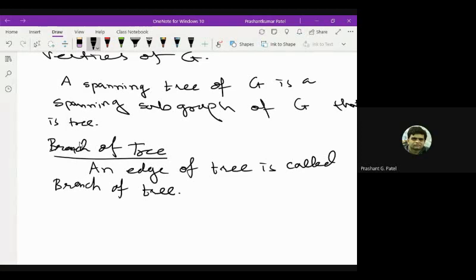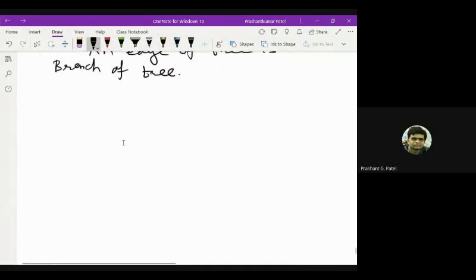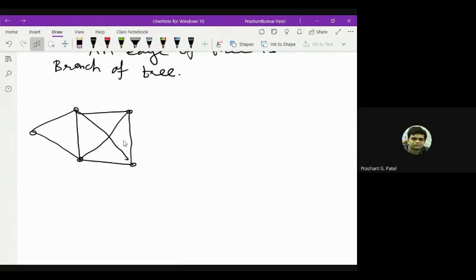For example, let me give you an example of this spanning tree. Suppose my graph is this. This is my graph G, and I denote the edges of it with A, B, C, D, E, F, G, and H. Now, what will be the spanning tree of this? There are many possible spanning trees.